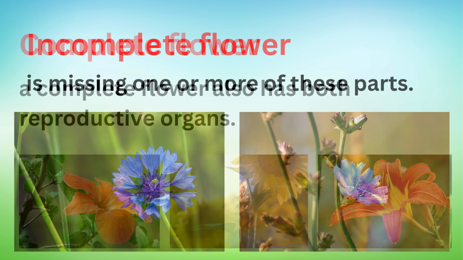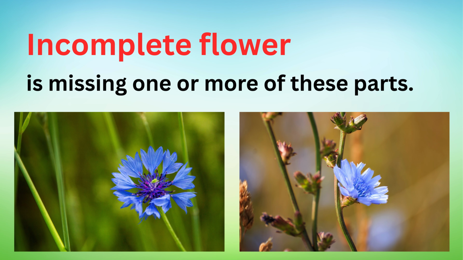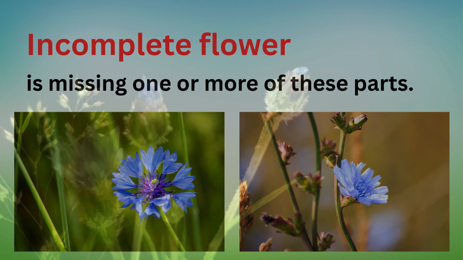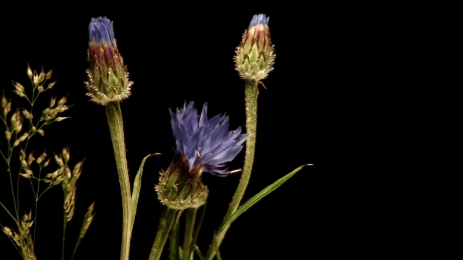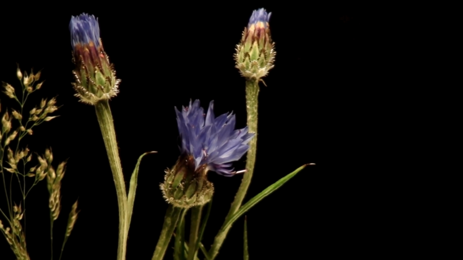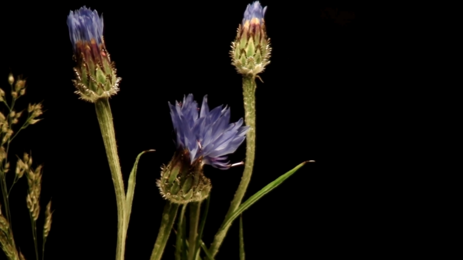An incomplete flower is missing one or more of these parts. For example, corn has male flowers with only stamen and female flowers with only pistils. This shows us how diverse flowers can be, but all of them still play an important role in reproduction.